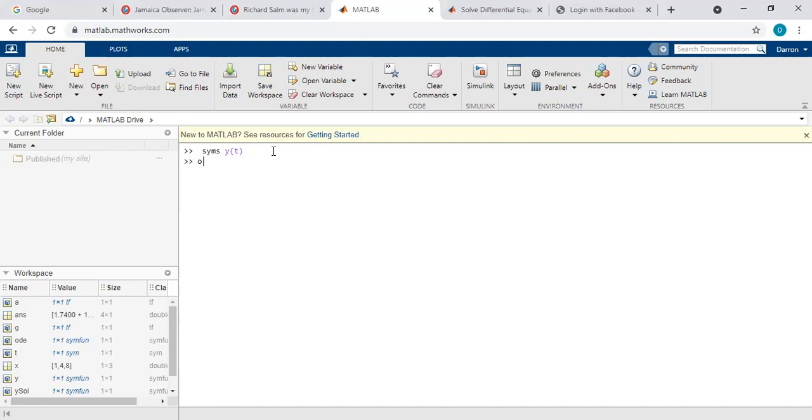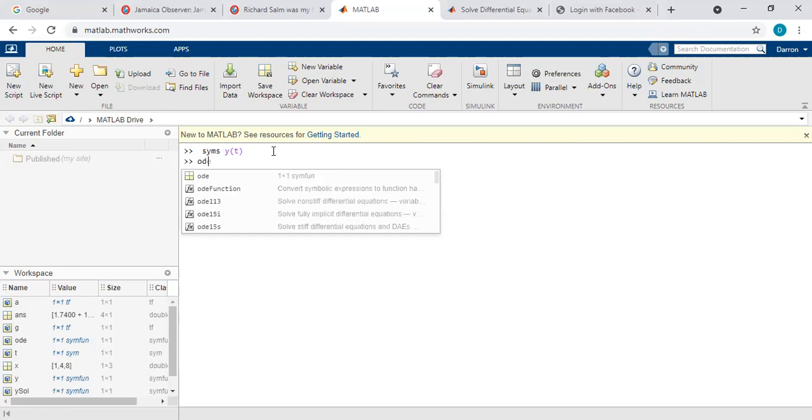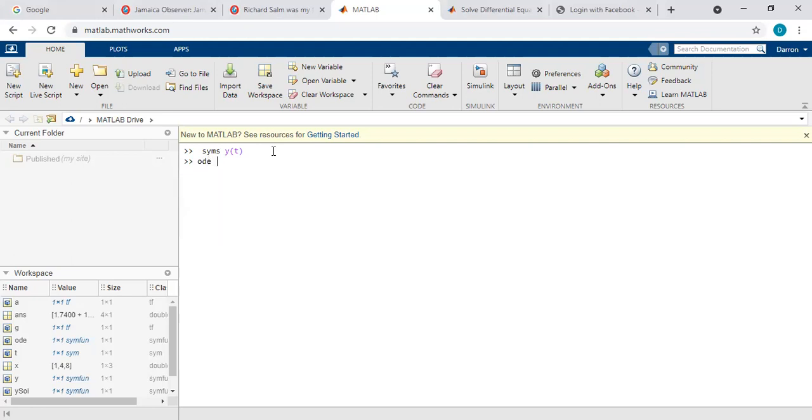So our ordinary differential equation is equal to the first part, d2y by dt squared, plus 4 dy dt plus 8y equals 5.